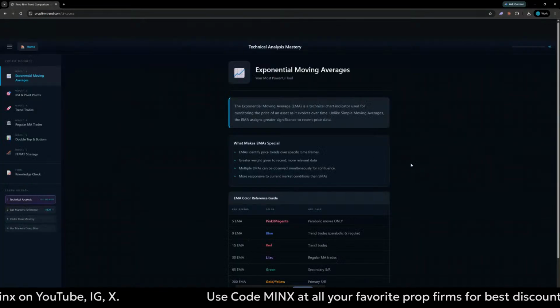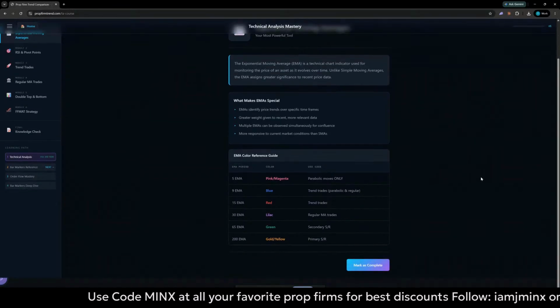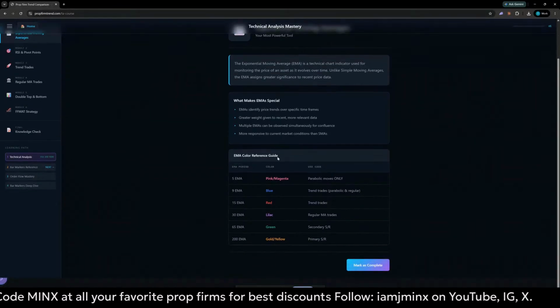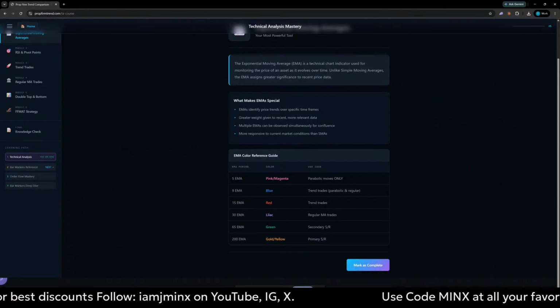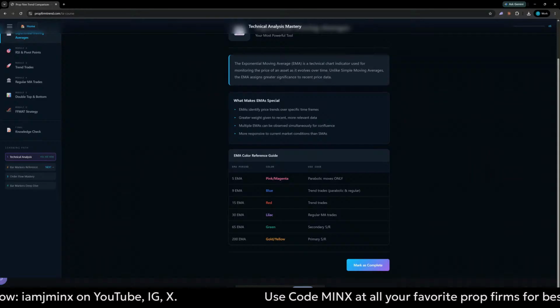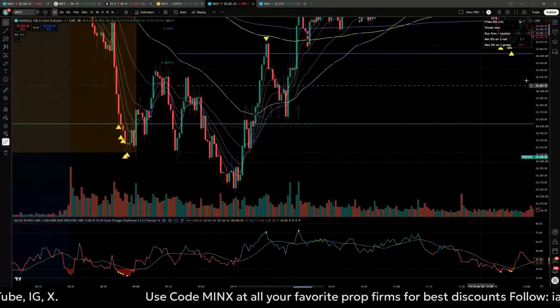Okay, this is the technical analysis that I use. I use moving averages and pivots. I also use a few other things. I have an indicator that's free. I can send this to you guys.